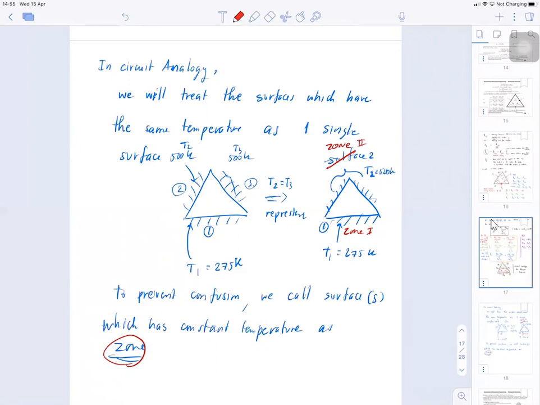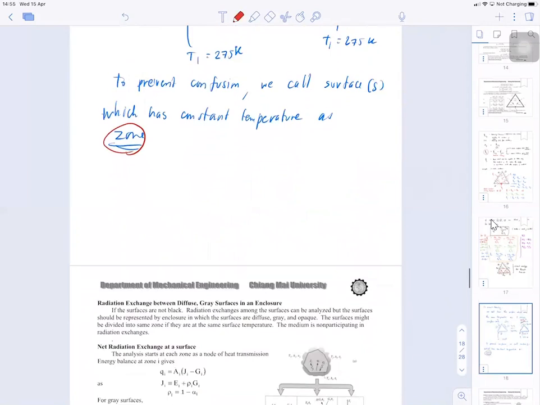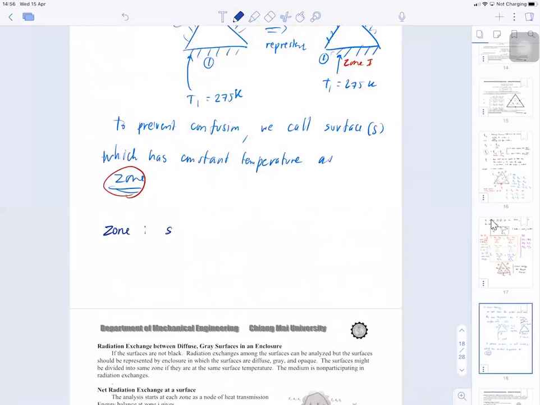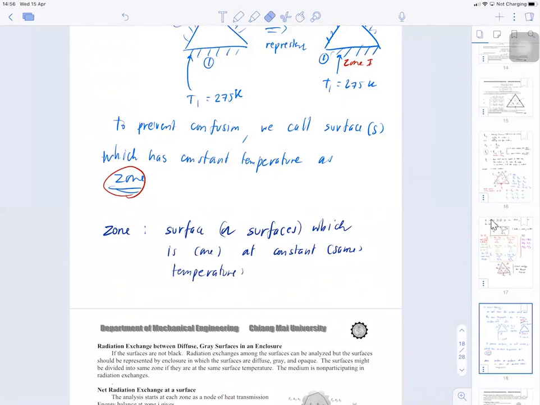Okay, now a zone is all surfaces which are at constant or same temperature. Okay, now you know about zoning.